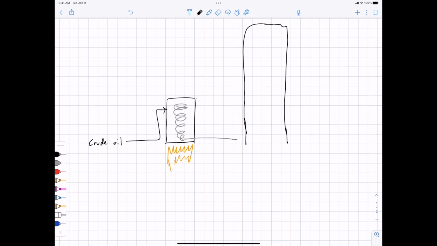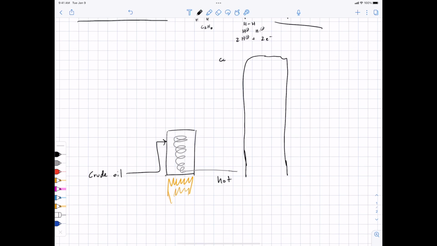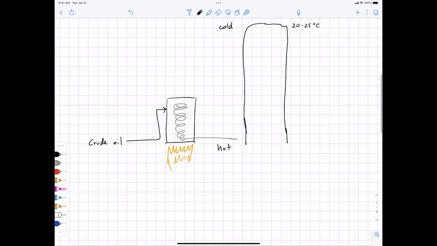It's hot down at the bottom, and as you get further up, it gets colder, till by the time you get to the top, you're at basically room temperature, 20 to 25 degrees Celsius. And you have various stages of the cooling tower, or plates, that the hot crude oil components can condense on.